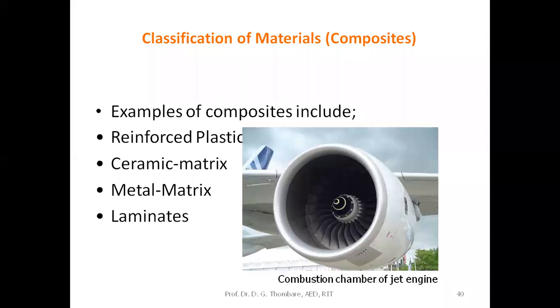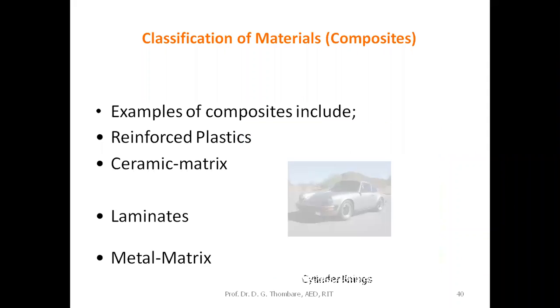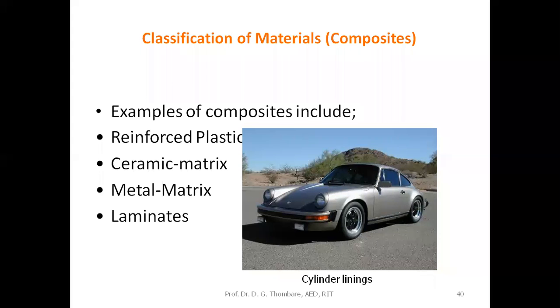There are certain other examples which you can see here, that metal matrix which is used for combustion chambers for a jet engine, which requires not only high strength but at the same time very high temperature resistance also. Now this will demand a specific material which can work at very high temperature. So ceramic materials may provide very high strength.